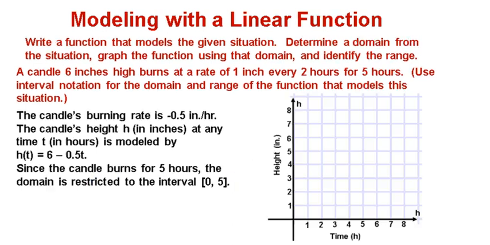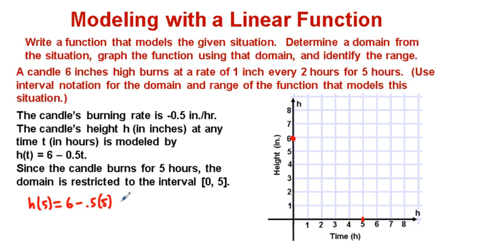And here we have it. And what does that look like? Well, we're starting right here at 6. We're going down 1/2 inch per hour, so for 5 hours. Now, if we plug in 5, we can see this. h of 5, for 5 hours, is going to be 6 minus 0.5 times 5.